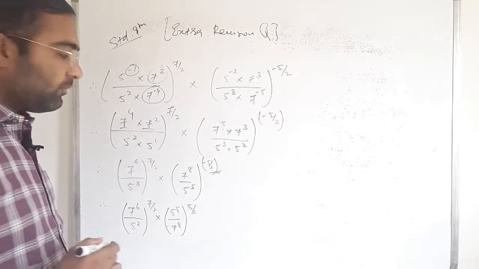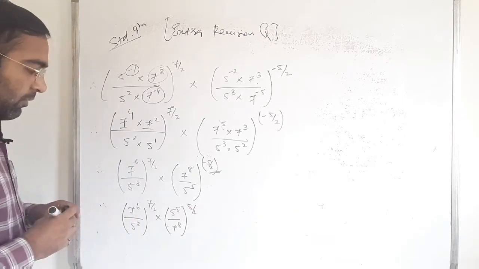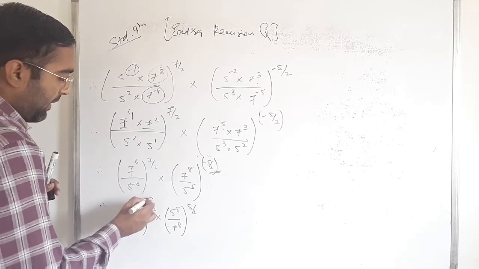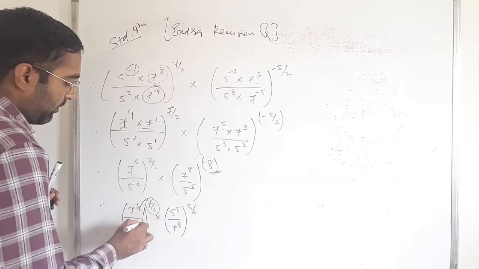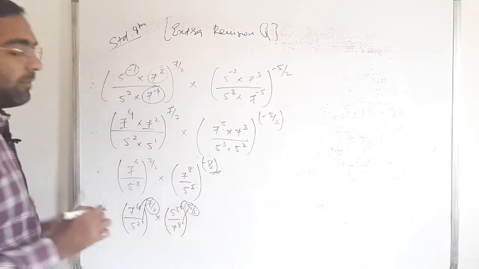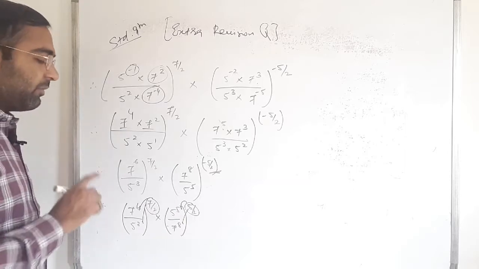Clear that? Now both of the powers, 7 by 2 and 5 by 2, are allotted to both of the numbers, that is, to the numerator and denominator.